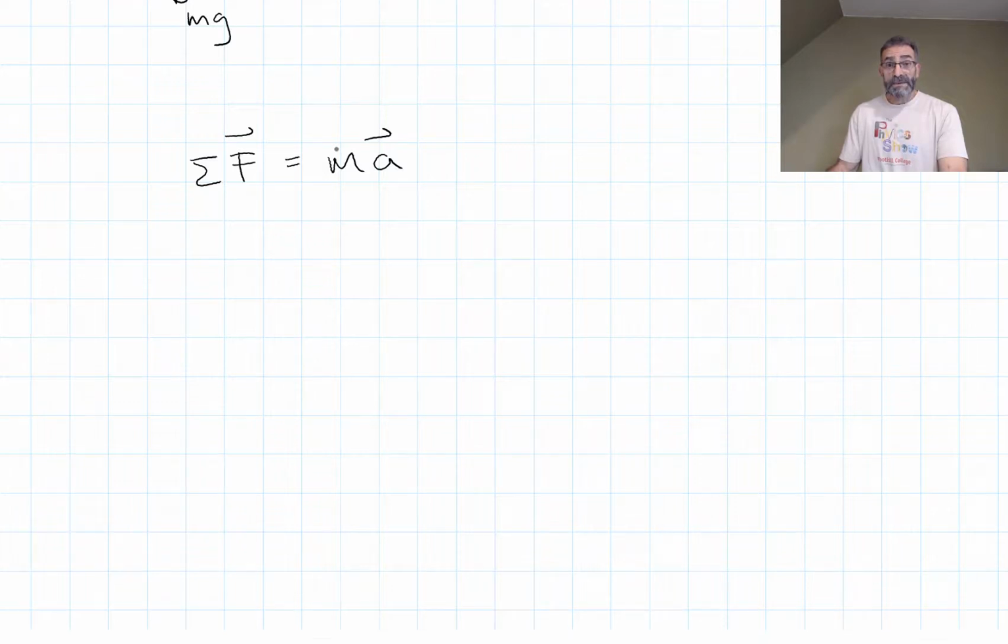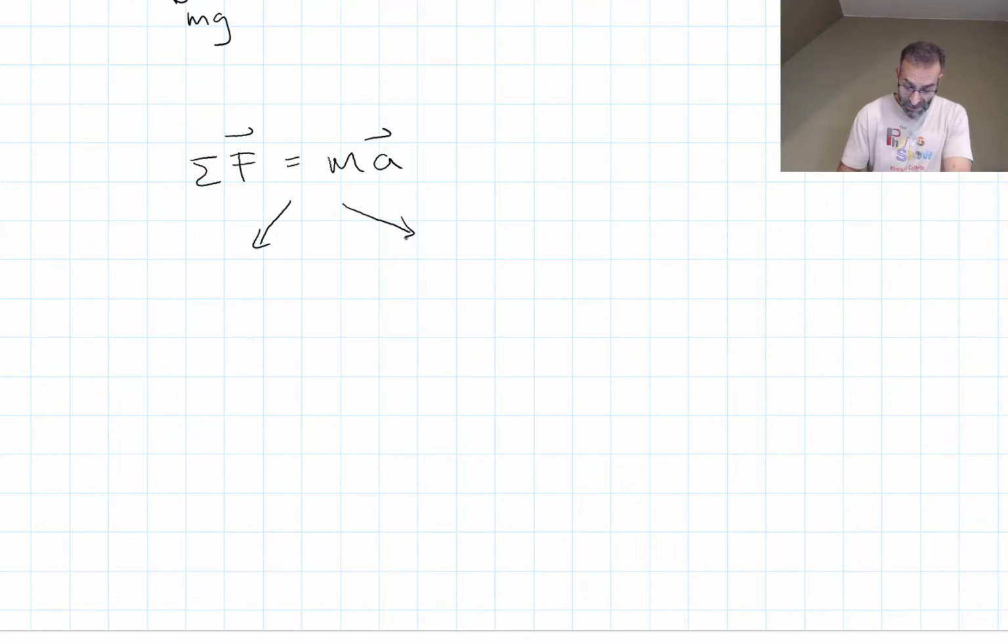Now we apply Newton's second law, sum of the forces equals ma. This is a vector equation. We split it up. If we're breaking up our forces into parallel to the acceleration and perpendicular to the acceleration, the sum of the forces parallel to the acceleration is equal to m times a, that's just the acceleration of our object.